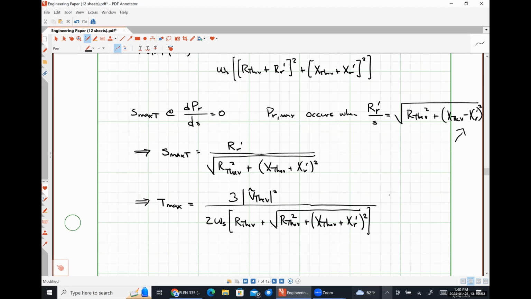If the power delivered to the rotor is maximum when this occurs, then you should just be able to algebraically rearrange that to get this relationship. So either that negative sign is wrong or this negative sign is wrong. I would be willing to bet that negative sign is wrong. I will make a point to double check that, but my money is on that one being incorrect.